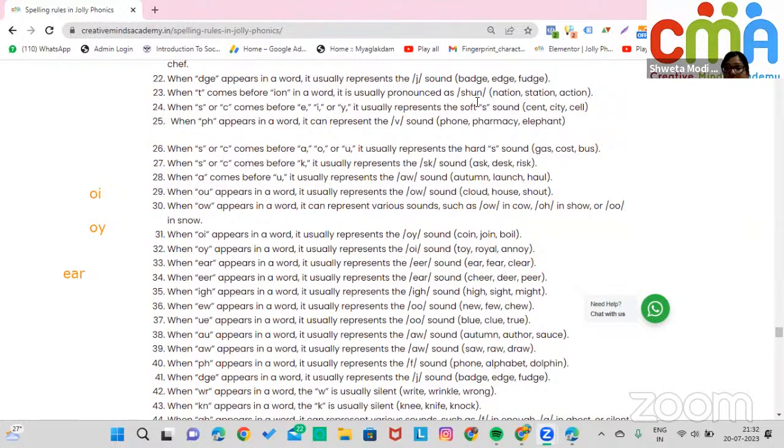Aditi, there is no other way than practice, because what we are telling the students is that there are alternative spellings. The same sound can come from different combinations.